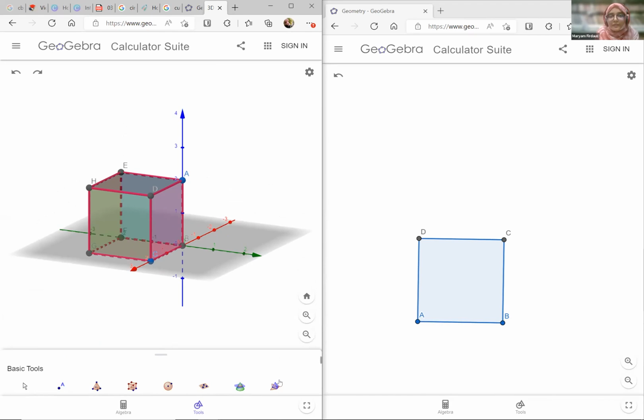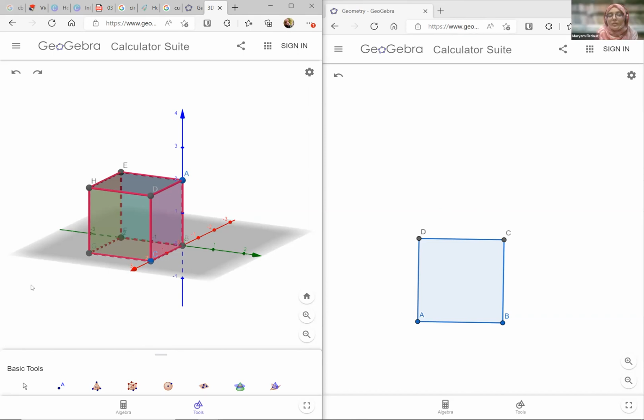First tell me the square on the right that you can see, this one. What is this shape called? Square. And what is this called on the left? Is this also square or something else? Square pyramid.